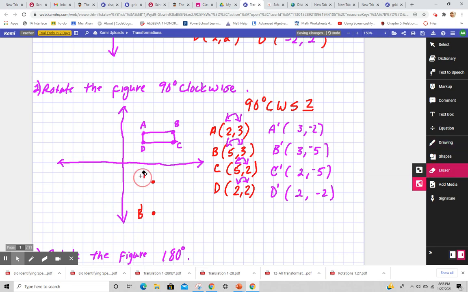I need to move these here. And so this was A. This is B. And now C is located at 2, down 5, C prime. And D is located at 2, 2, D prime. That's it.